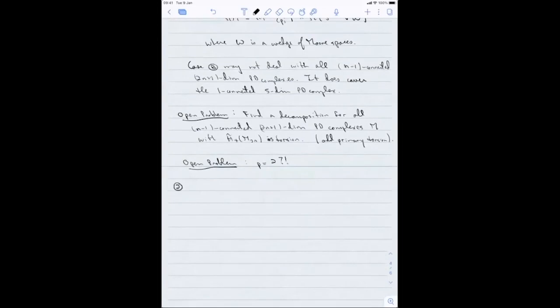In another direction, we can look at something called two cones. So a two cone is the homotopy cofiber of a map between two suspensions, or two co-H spaces.